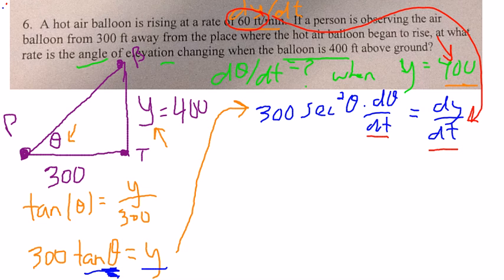Here's the deal though. This secant squared of theta, secant is hypotenuse over adjacent. So what I need to do is plug in hypotenuse over adjacent squared. So if I come over to the picture, this is where I actually use the y equal to 400.